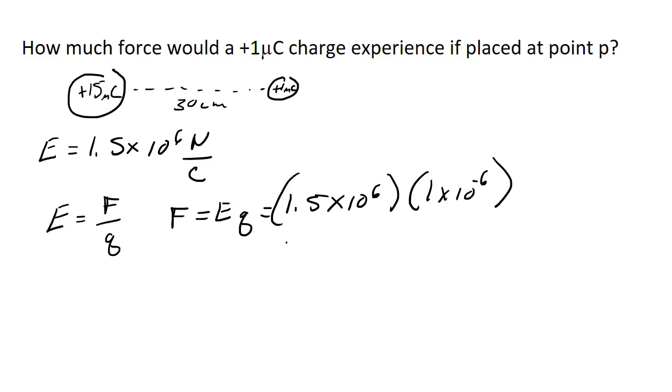So we see that the force would be 1.5 newtons. And because this is a positive point charge, it's going to feel a force in the direction of the electric field, which is to the right.